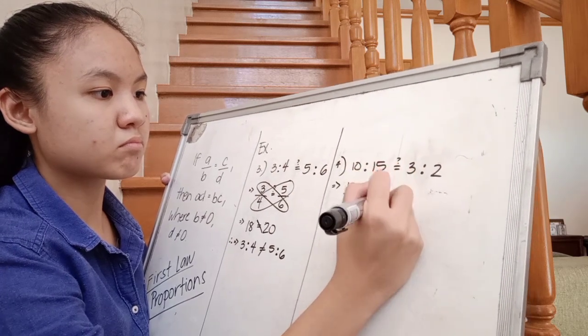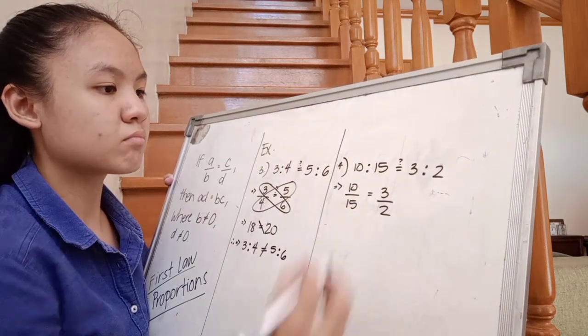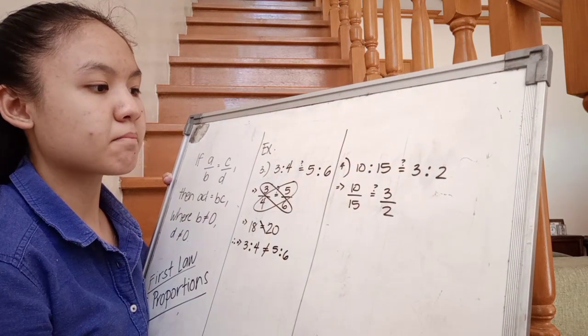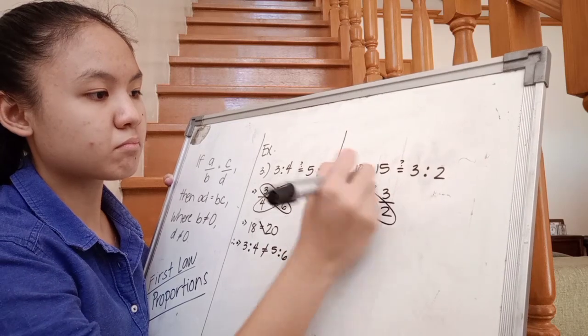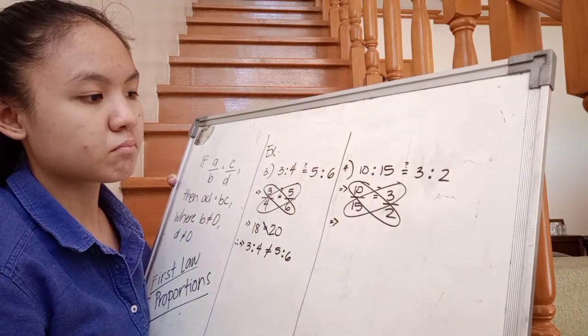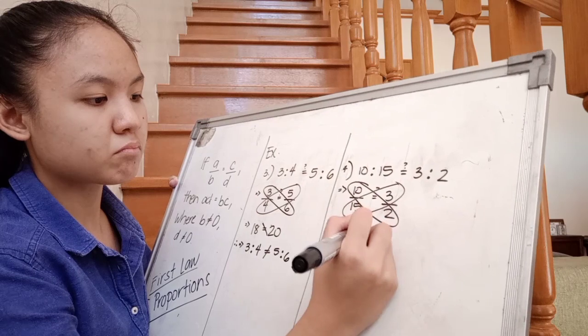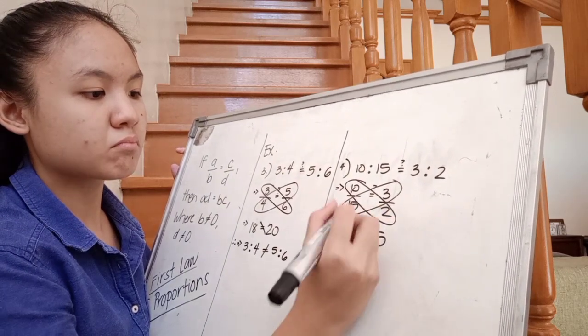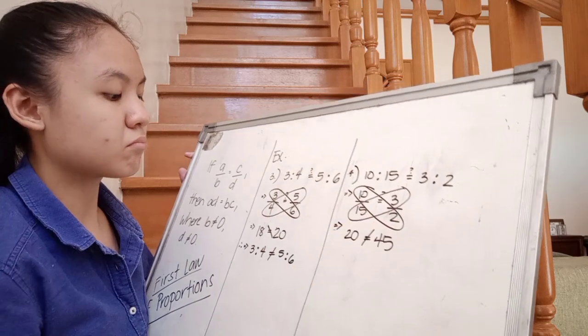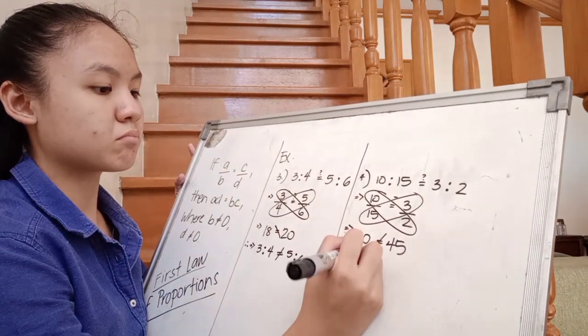So 10 over 15 is equal to 3 over 2. Then again, cross multiply 10 and 2, 15 and 3, which is equal to 20 and 45. 20 and 45 are not equal.